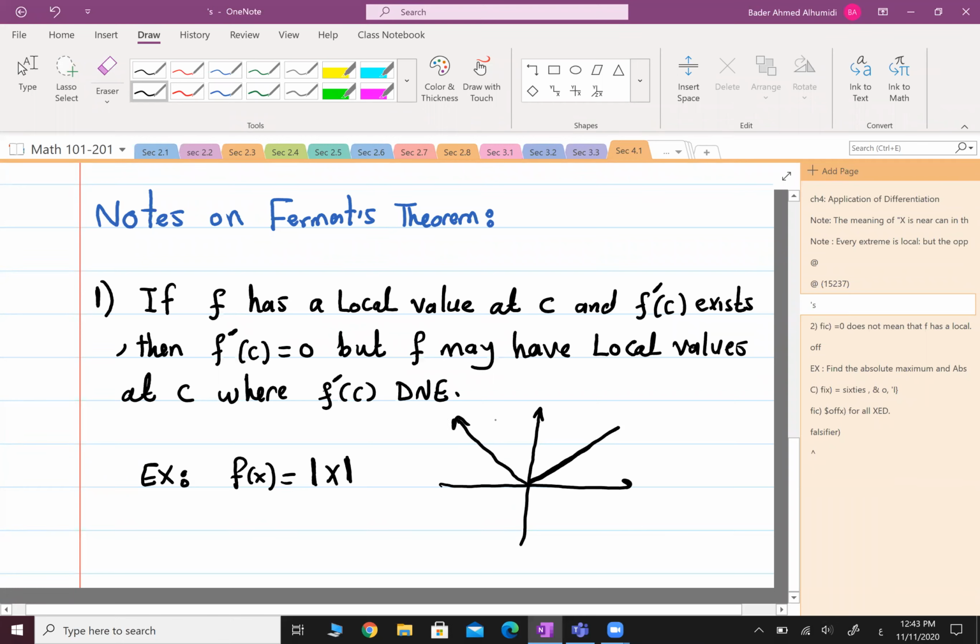No, it has a corner at zero. Do we have a local minimum at zero? Yes. So there is no contradiction with the theorem. True, we lost the theorem's condition since the derivative does not exist, but the theorem did not say that if the derivative does not exist, there is no local maximum or local minimum. It said if the derivative exists and we have a local maximum, then the derivative will be zero only. If the derivative does not exist, we don't know. Maybe it is a local maximum, local minimum.